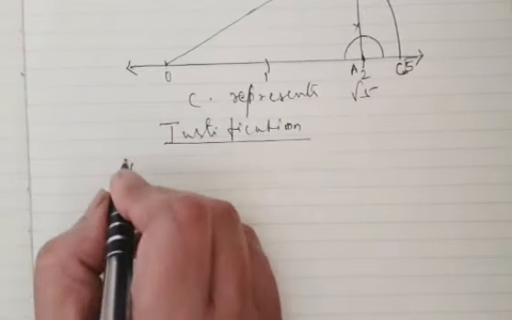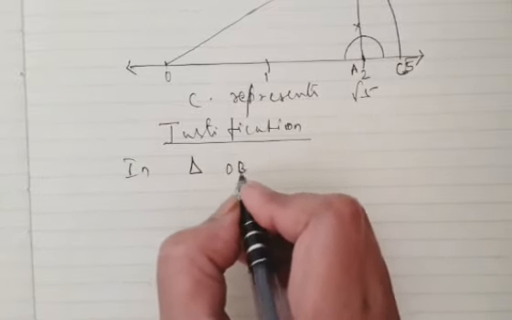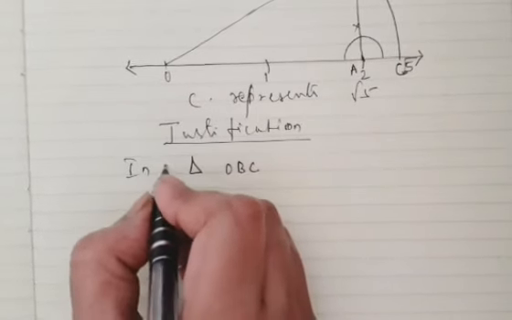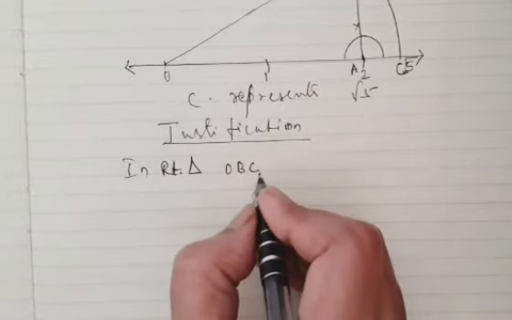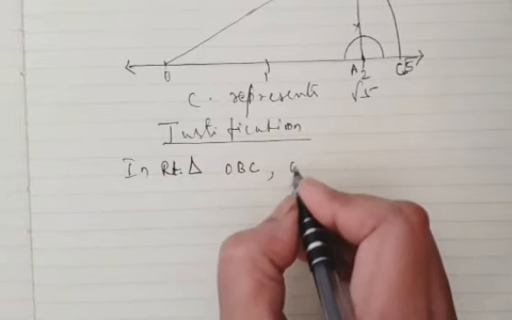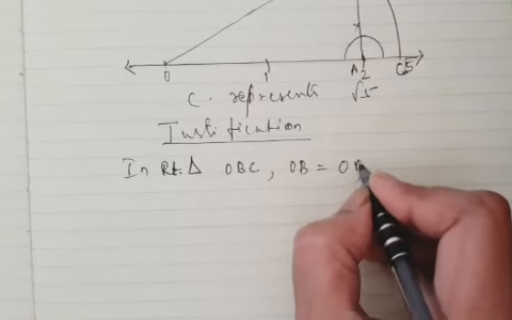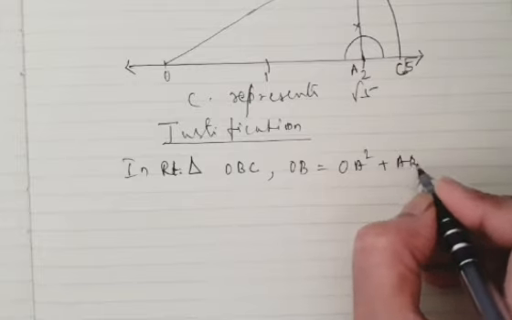You write in triangle OBC, it is a right triangle. So in right triangle OBC, OB is equal to the square root of OA square plus AB square.